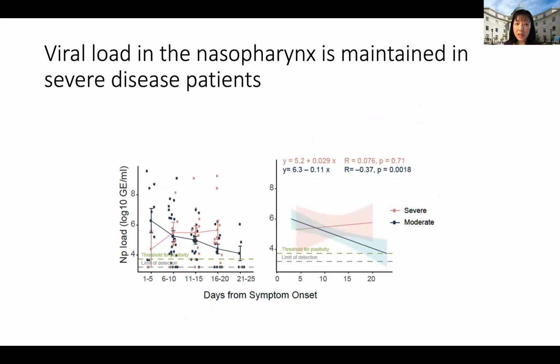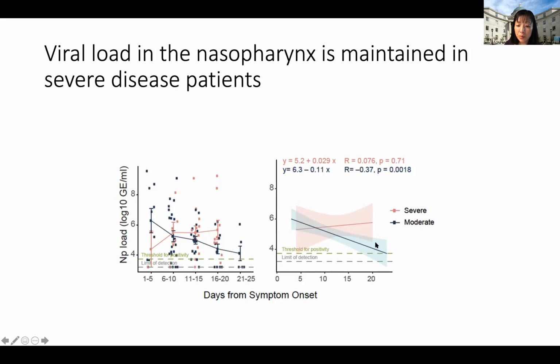So what's really distinguishing these moderate versus severe cases? One of the clues came from this analysis, where we measured viral titers from the nasopharyngeal swabs of patients over time. What we noticed is that patients who had moderate disease were able to ultimately clear the virus. This is on the x-axis, the days from symptom onset.